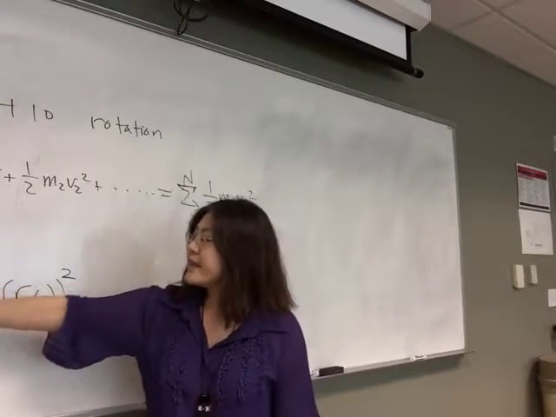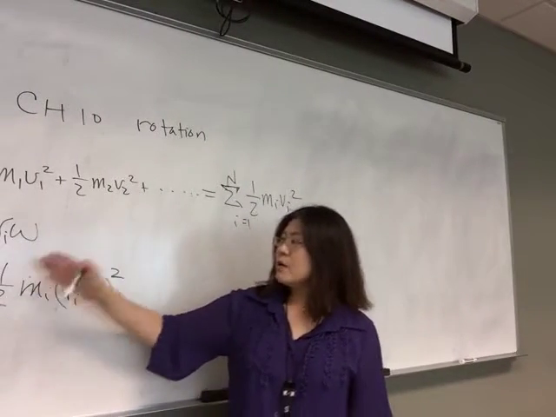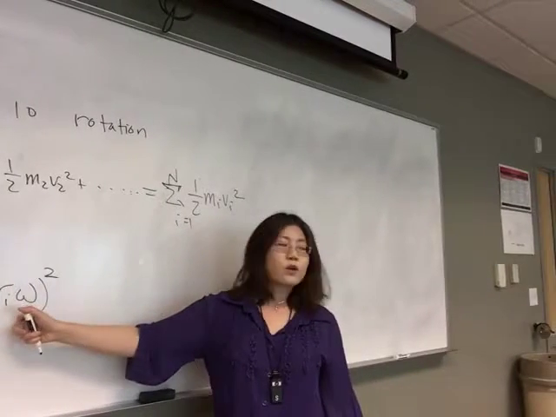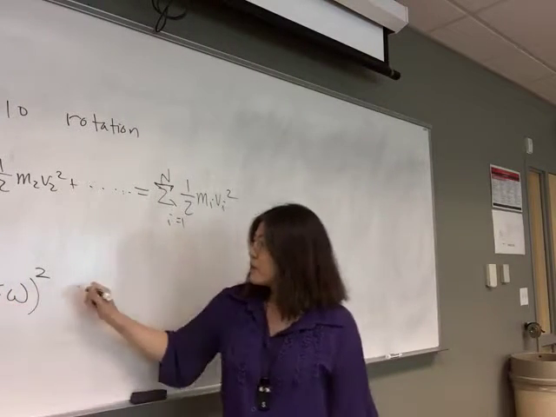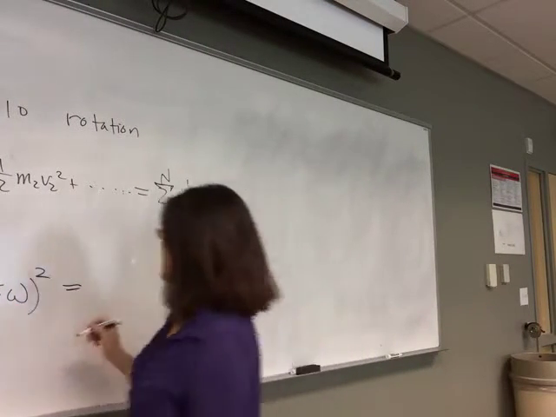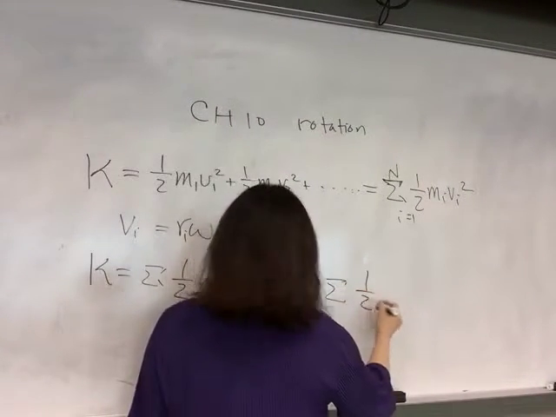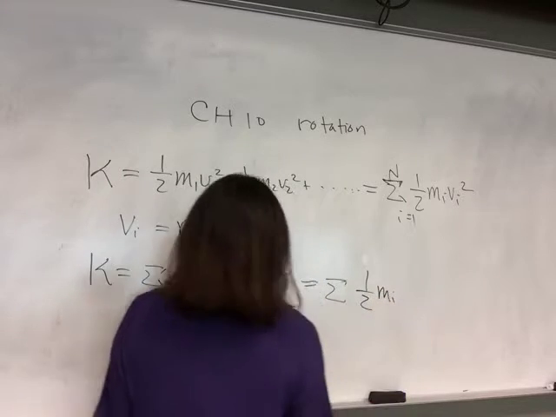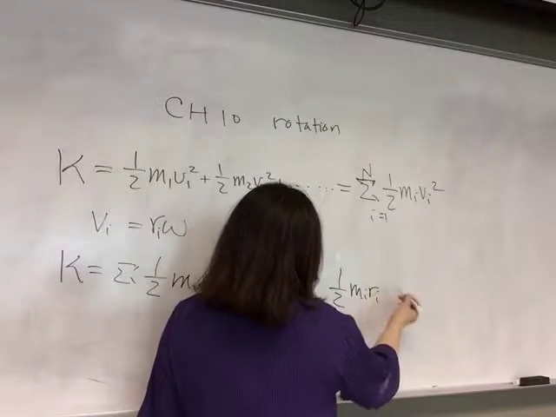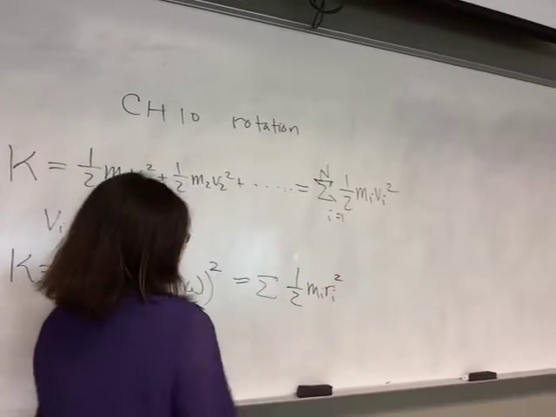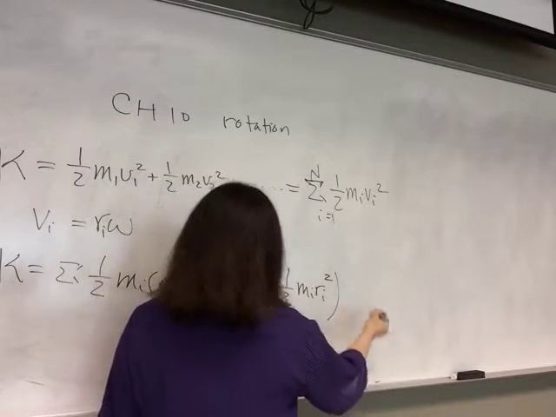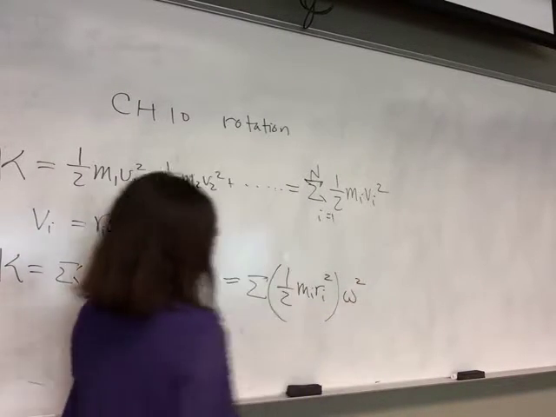So what we have here is that your kinetic energy now can be represented by the angular velocity. So let's rearrange this. What we have here is summation, and then you have your 1/2, and you have individual mass, and then Ri, your R is squared, this whole thing, and then times omega squared.